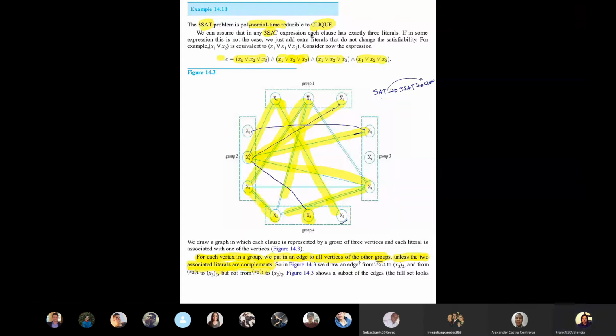Now, if you can find a clique of size 4 here, this formula will be satisfiable. Can you see that? Can somebody explain why?